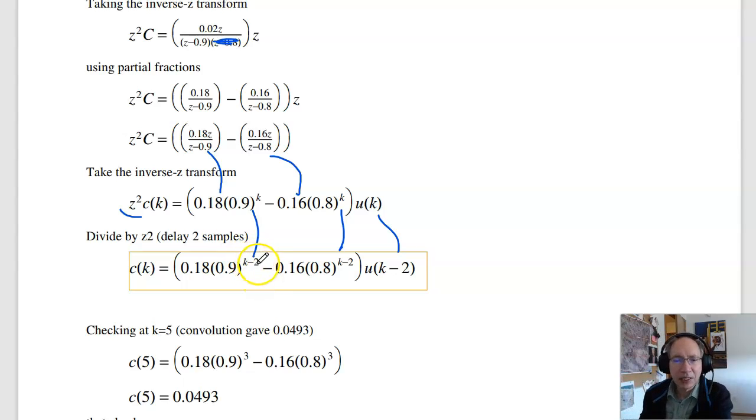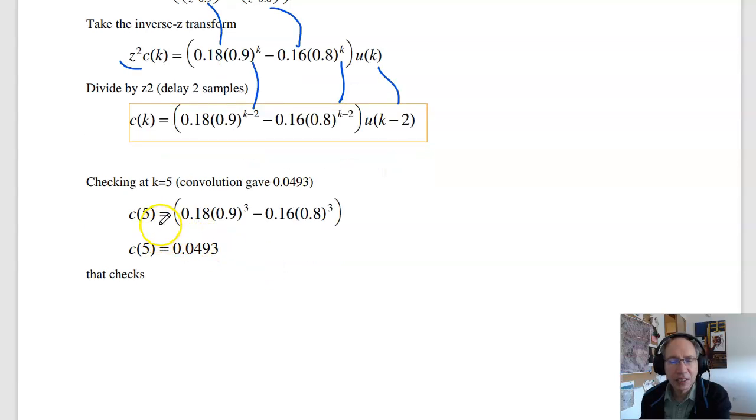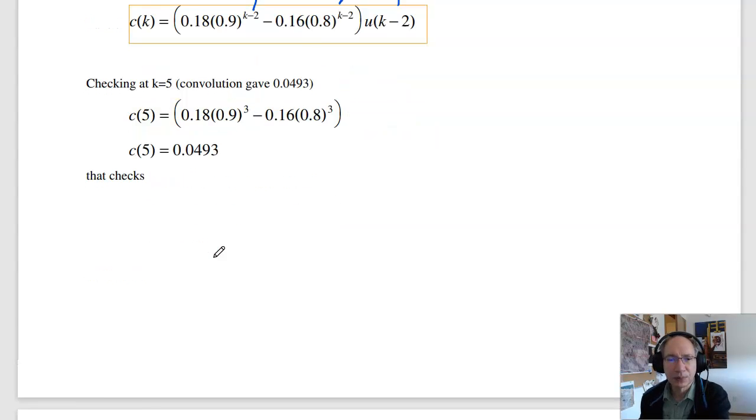I could take this minus 2 and have 0.18 divided by 0.9 squared. Your pick. This is one form. There's other ways to write it. As a check, if I plug in C of 5, I get 0.0493, which matches up with what I got with convolution. That's problem 2.